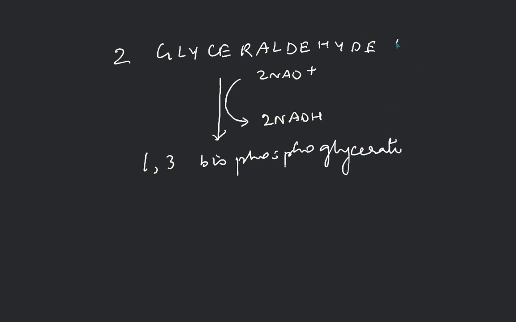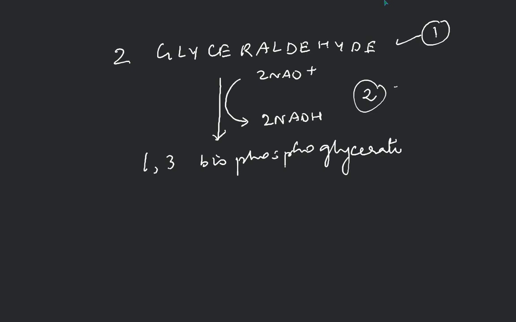So the first step was the splitting, and then the next step, where 2 NAD plus gives 2 NADH, will be the second step. Okay, now let's move on.